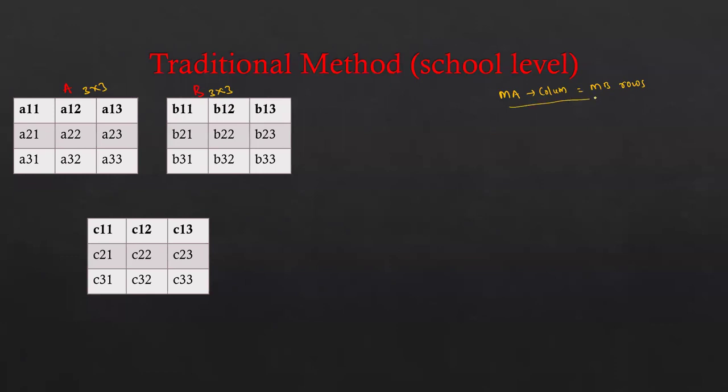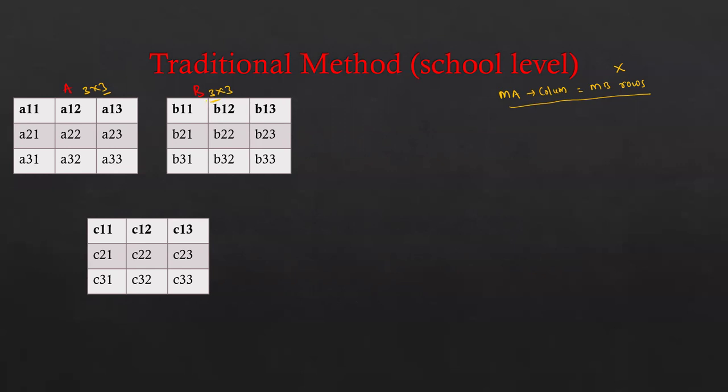If that condition is true, then only I can do matrix multiplication. If this condition is false, we cannot perform matrix multiplication. So first let us test whether this condition is valid or not. Matrix A contains 3 columns, matrix B contains 3 rows. So these two are matching. So now I can go for matrix multiplication.